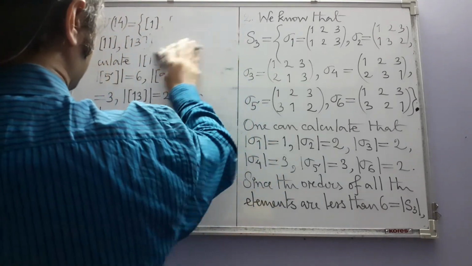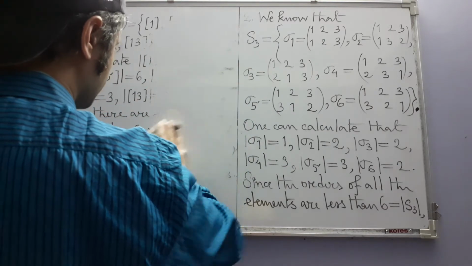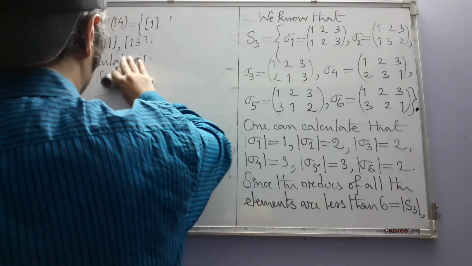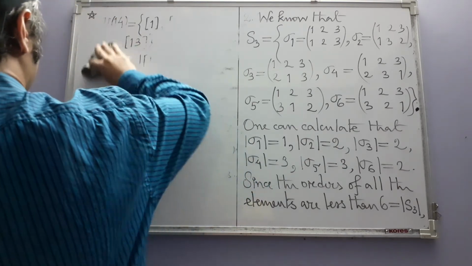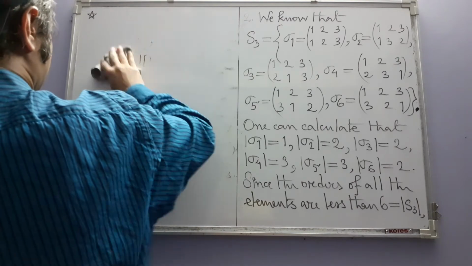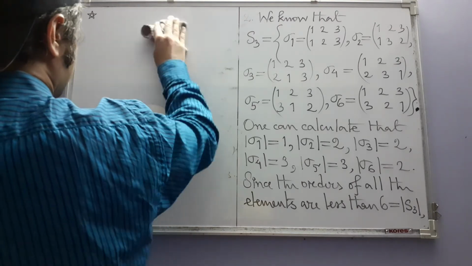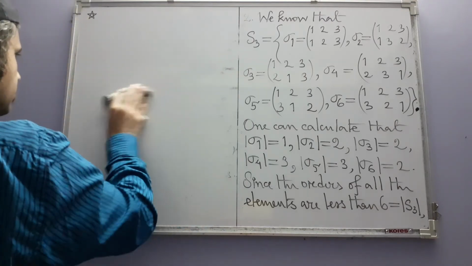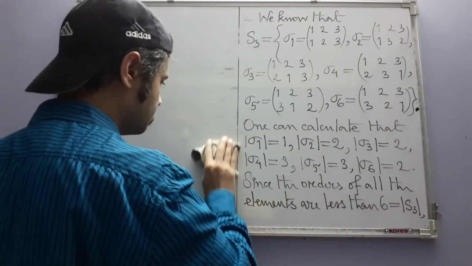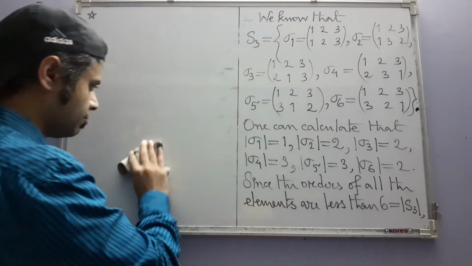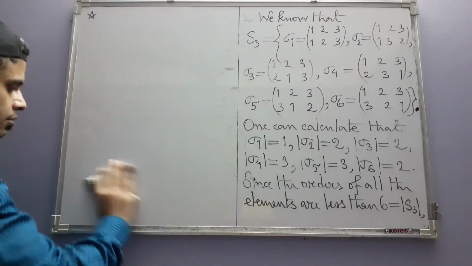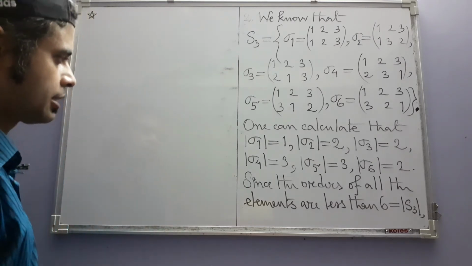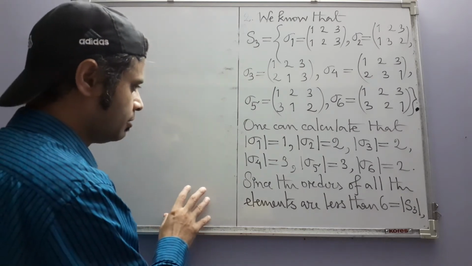And anyway, in fact there is no need to find the orders in order to say that it is not cyclic. You can argue somewhat differently like this. Every cyclic group, because of the very nature of cyclicity, or cyclicness, whatever you want to call it, is abelian.